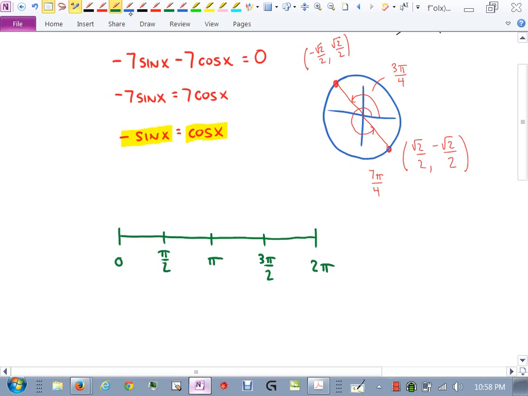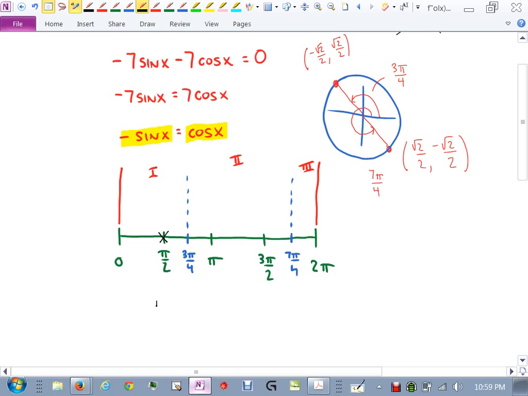We've got 3 pi over 4, which should be here, and then 7 pi over 4, which should be here. This breaks up my number line. And then remember, I cannot go past 0, can't go past 2 pi. So again, I have 3 regions. So I will pick a test point in each region.